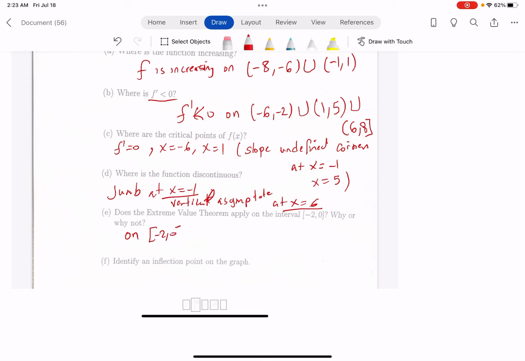The graph has two pieces and has a jump at x equal to -1.